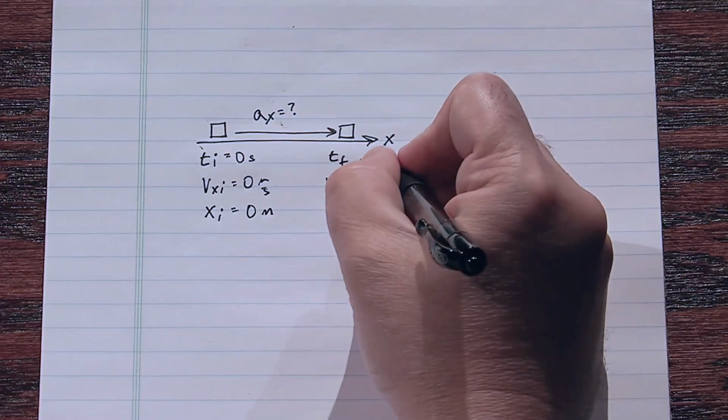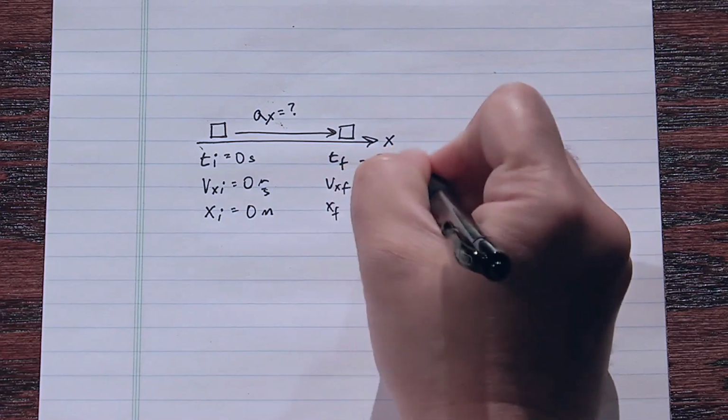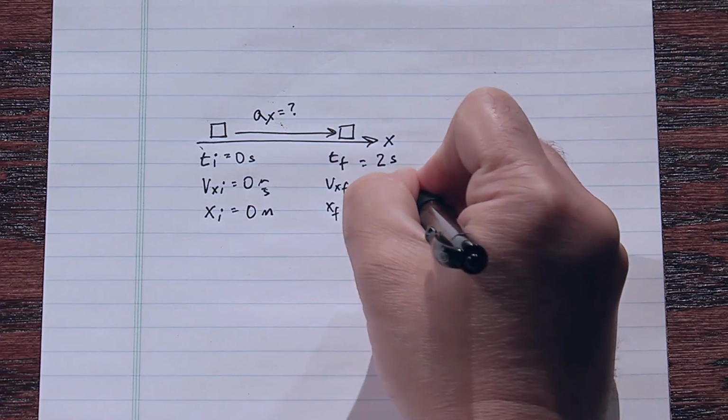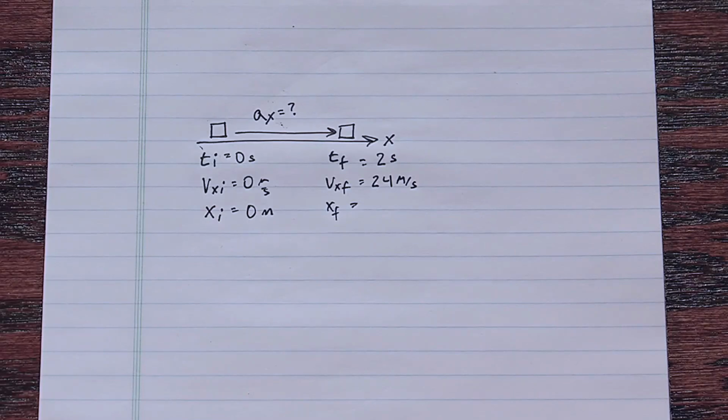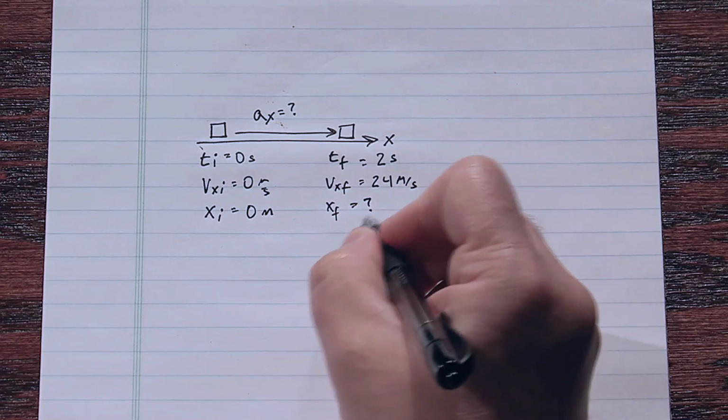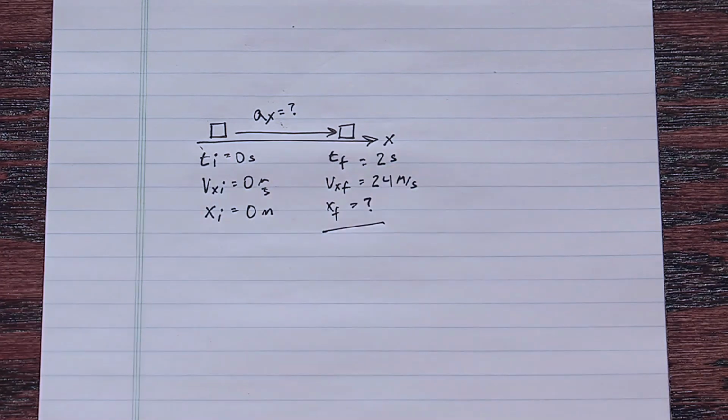We're told that he accelerates from rest to 24 meters per second in 2 seconds. So that means that t final is 2 seconds. Vx final is 24 meters per second. And x final, we don't know. We're not told what x final is. And in fact, x final is what we're looking for.